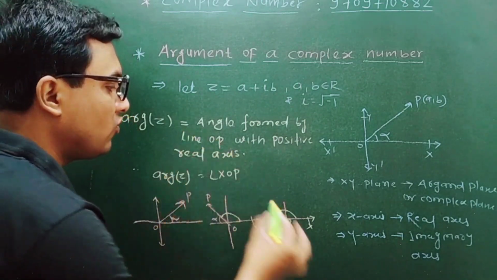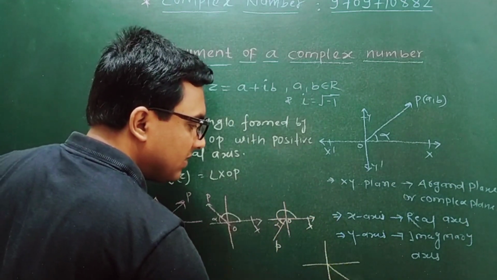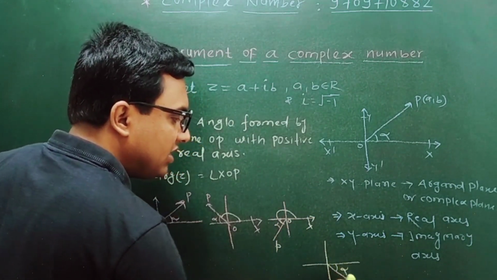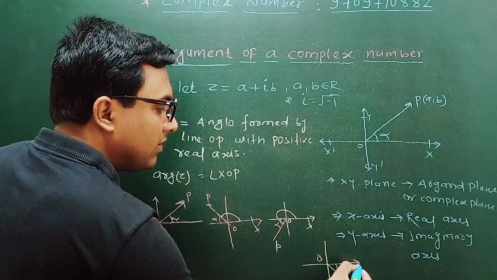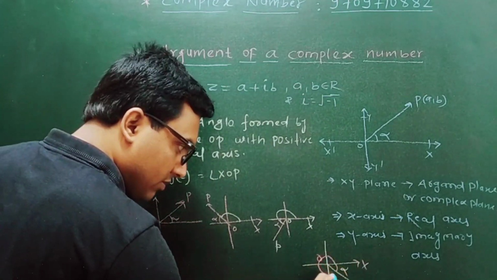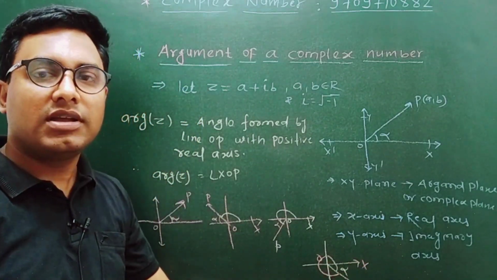In third quadrant, alpha is here, but our argument is XOP. Clear? In fourth quadrant, alpha is here, but our argument is counted from this point, XOP is called the argument here.